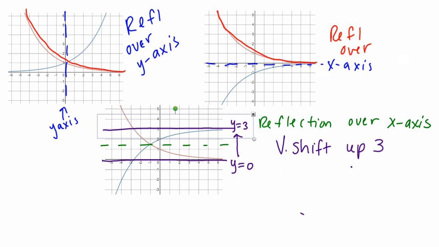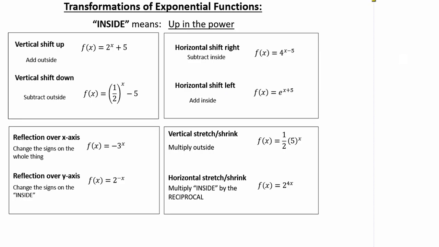Okay, here's your cheat sheet. This will be online. You'll get a copy of this on paper. But this is your reference guide. If you look at a graph and this has happened, somebody's added 5 to it, then you know it's a vertical shift up. This is a description of it. Adding outside, you'll hear me say those words a lot.